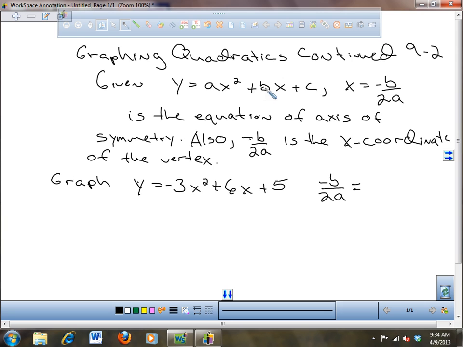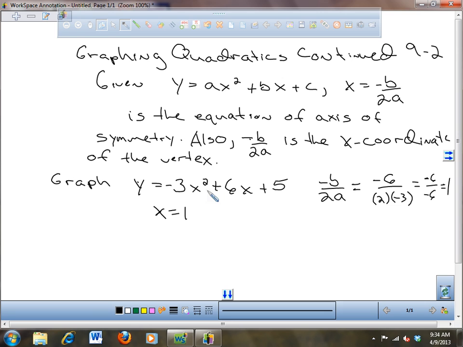So b is 6, so negative b would be negative 6, and 2a, what's the number in front of the x squared? That's a. Negative 3, so I'd get 2 times negative 3. When I simplify that, I get negative 6 over negative 6, which is 1. So what that tells me is x equals 1.